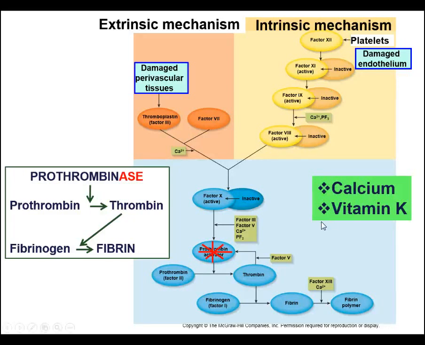And so it's really pretty straightforward. Those medications actually work at the liver. They bind to the same sites that vitamin K would bind to, and they actually block vitamin K from binding to those sites. So if vitamin K can't bind to those sites, then the liver doesn't produce fibrinogen.